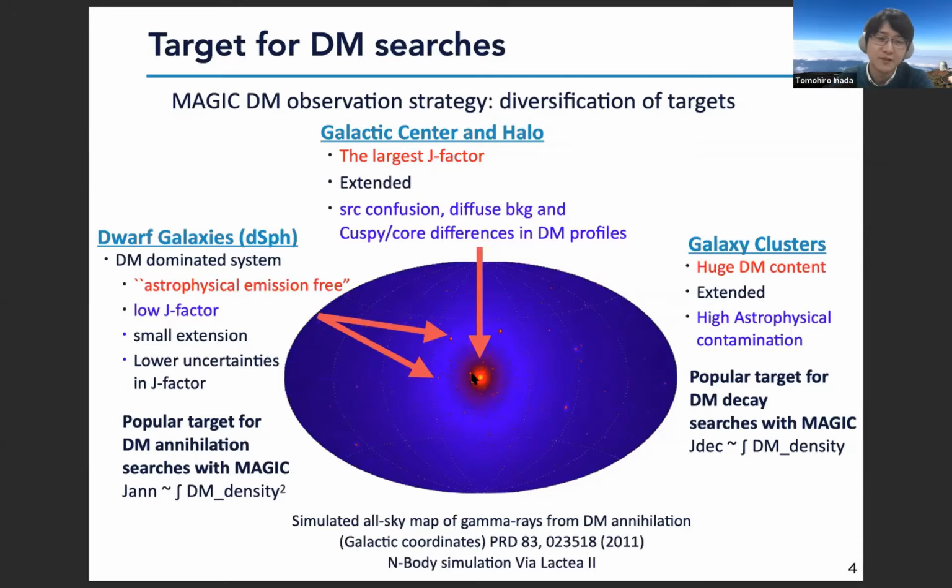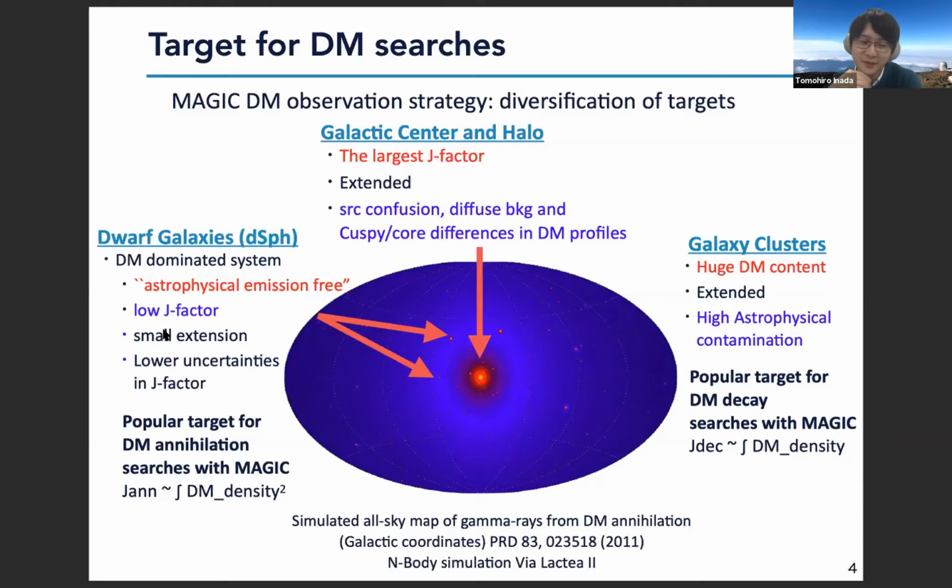So it is a complicated source. On the other hand, a dwarf galaxy is a very compact, dark matter dominated system, so basically free of astrophysical emission, with a relatively high J factor, though a bit lower than the galactic center, and a small extension.